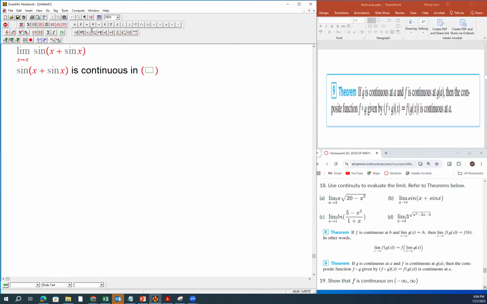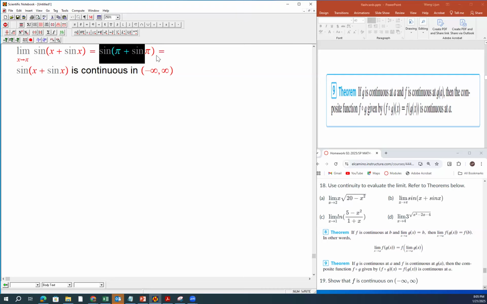And certainly it is continuous at pi. It continues everywhere. Therefore, it is just a direct substitution because we used all these theorems to do it, right? So this is a pi, and this is a pi, and then you're going to evaluate.